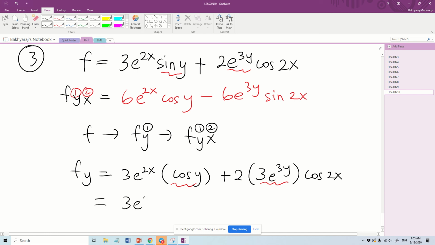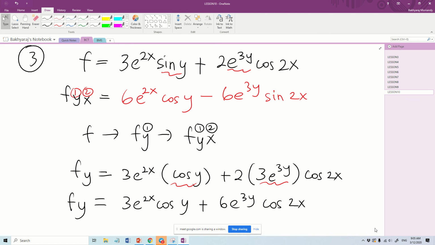So 3 exponent 2x cos y plus 6 exponent 3y cos 2x. Okay, this is what we got for the function f with respect to y.